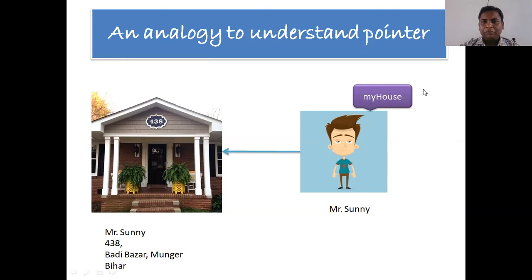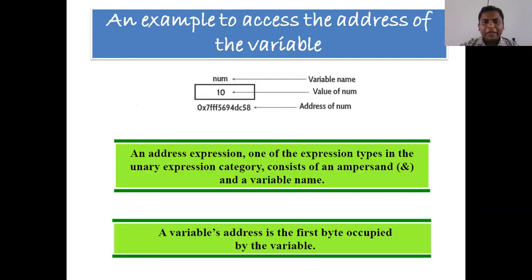The name of this house, I am keeping it as my house, is nothing but the name of the variable. And Mr. Sunny is living in this house. Hence, Mr. Sunny is the value of this particular address.